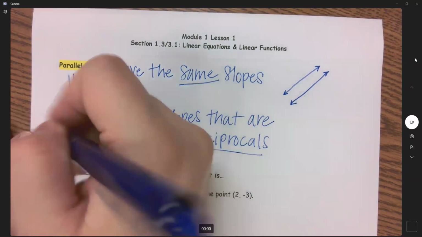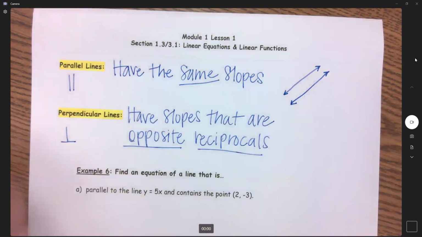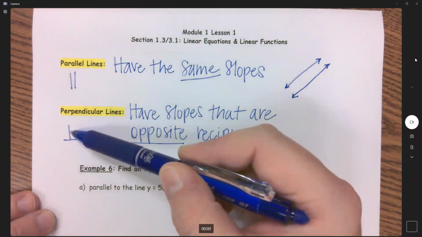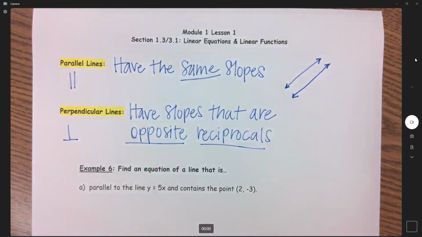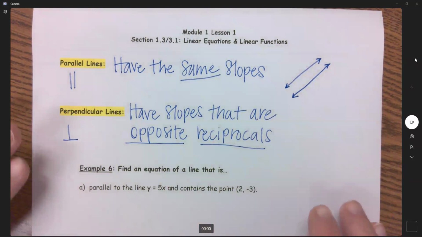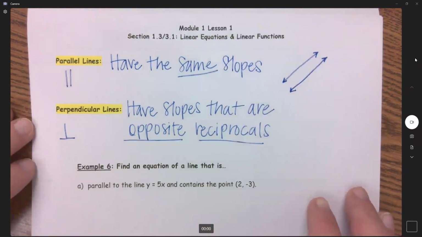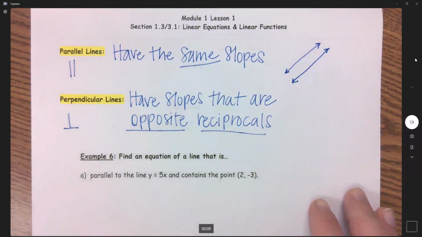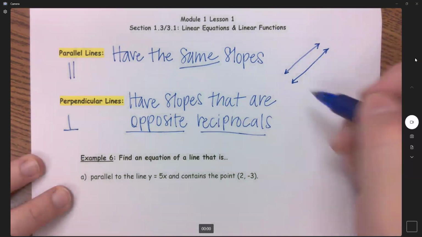So the symbol for perpendicular kind of looks like an upside down capitalized T, because what do we get? We get those 90-degree angles. Now, perpendicular lines have slopes that are considered opposite reciprocals. So what do I mean by opposite reciprocals?